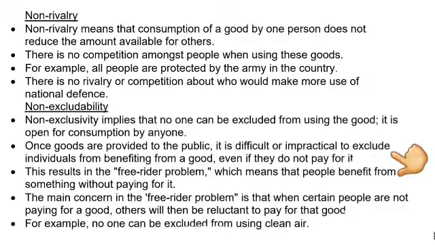It is hard for you to exclude them. The road is there. People are going to use it, whether they are your neighbors or not, whether they are even from your community or not. It could be a visitor who's passing through, and they can pass by your gate on the road that is on your gate because the government has put it there for anyone who wants to use it to use it.